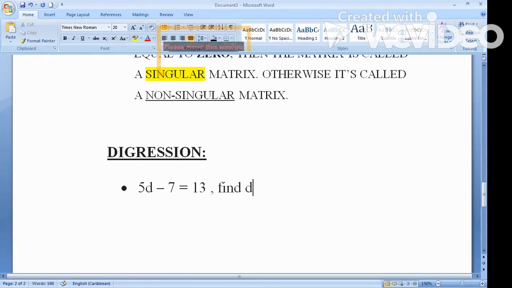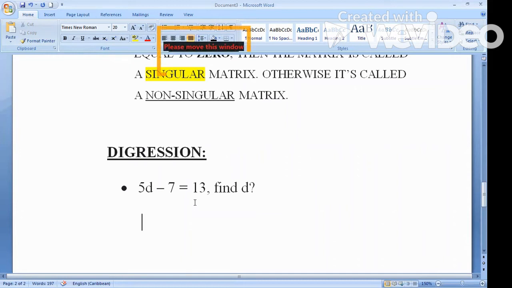Find d. How do you solve this? Anybody remember? You're going to minus 13 on the right-hand side, sir. No, you're not going to do it.